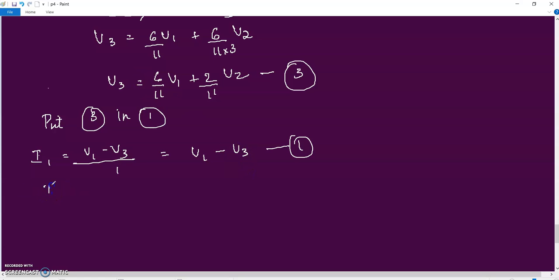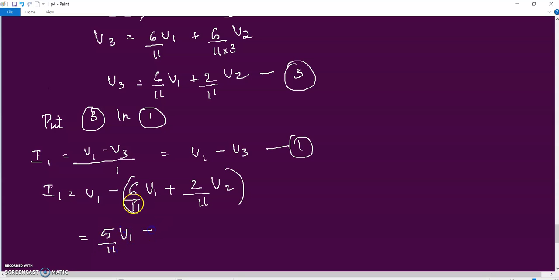So I1 is equal to V1 minus 6 by 11 V1 minus 2 by 11 V2. So 11 minus 6 is 5 by 11 V1 minus 2 by 11 V2. So we got I1 in terms of V1 and V2.